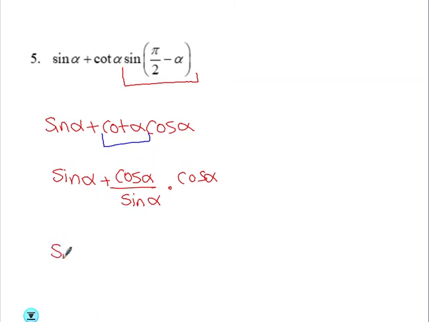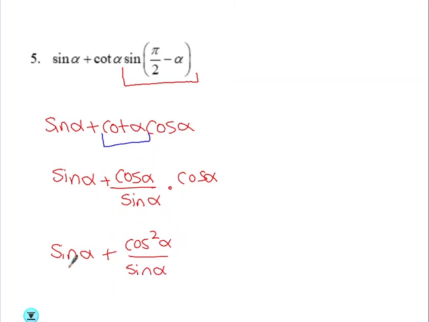So now if I go ahead and multiply, I have sine of alpha plus cosine squared of alpha over sine of alpha. Again, from this point, there are two different paths that I'm going to show you. There are probably more than that.